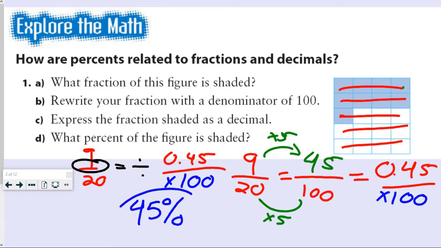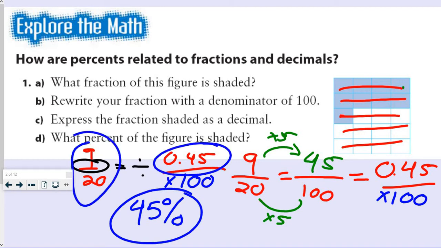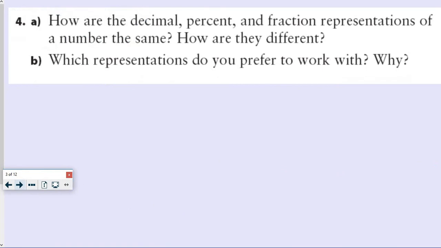Now there's a lot of information on this board, but let's go through it. So how are the decimal, percent, and fraction representations of the number the same? How are they different? If you have 7 out of 10, that's a fraction right there.